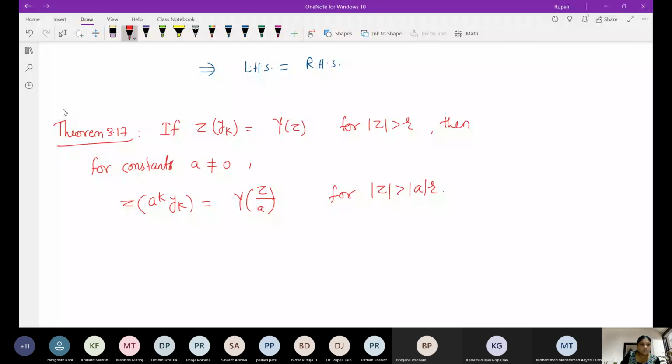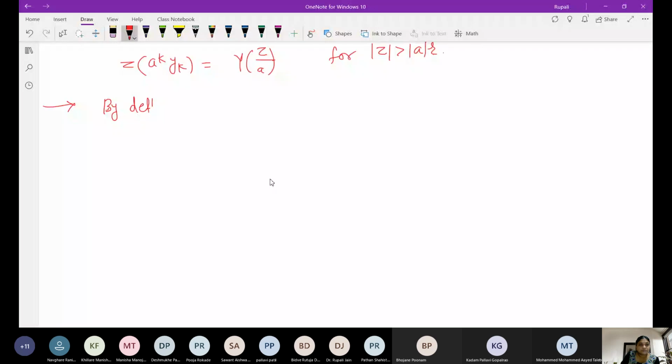We will do this by taking the definition. What is the z transform of a raised to k yk? By definition, it is summation k equal to 0 to infinity a raised to k yk divided by z raised to k.